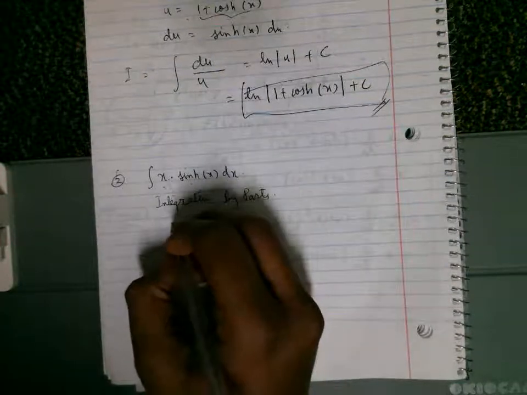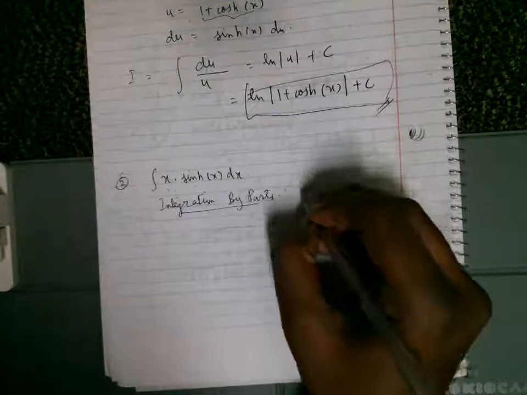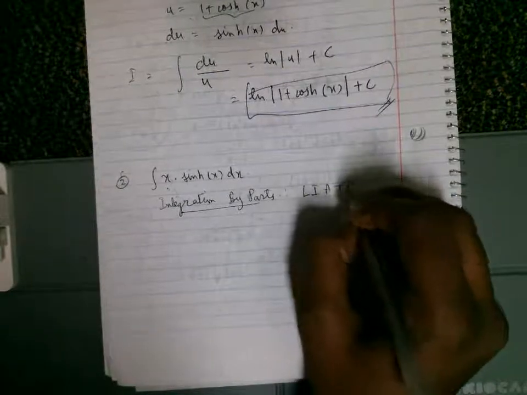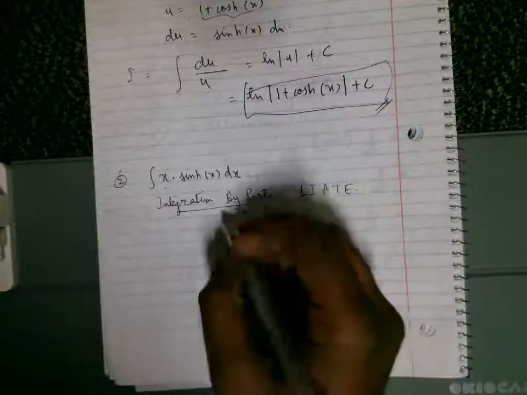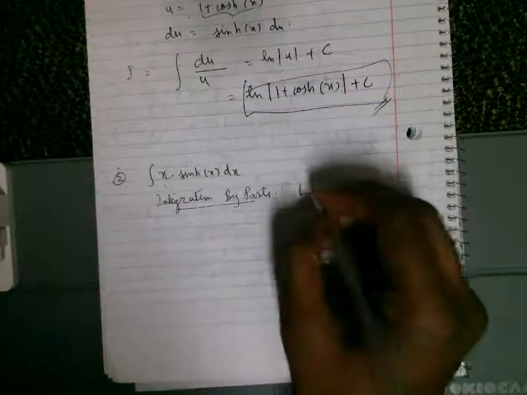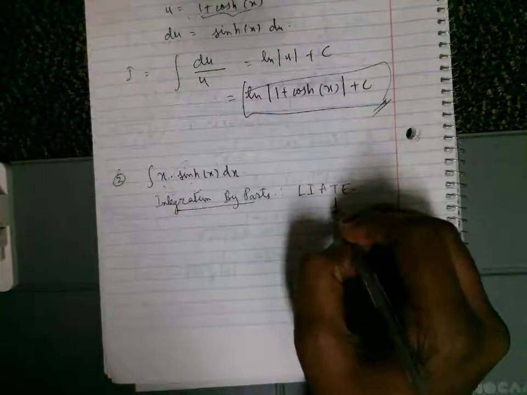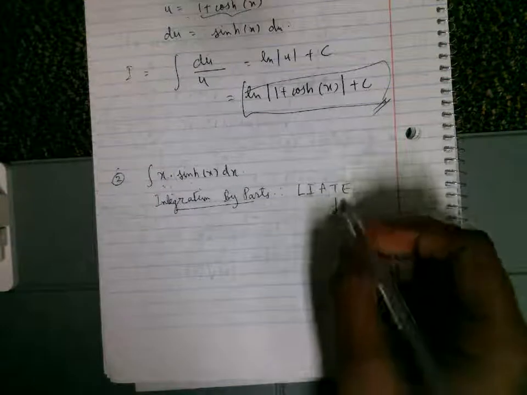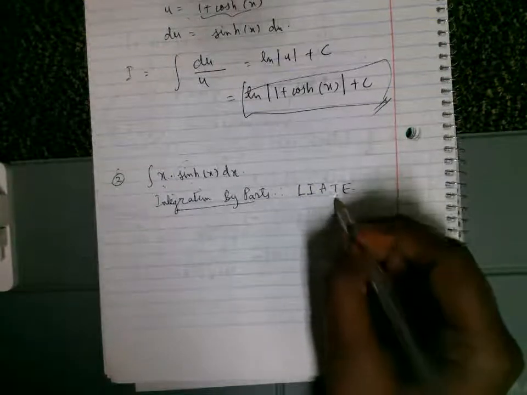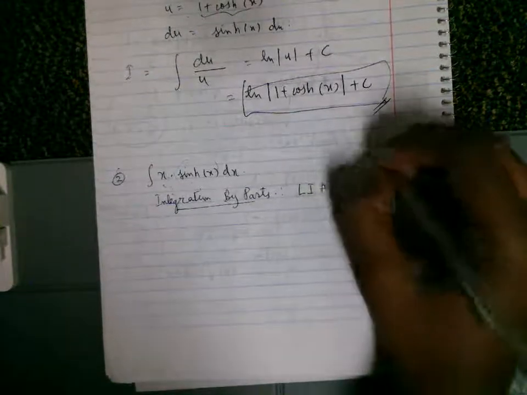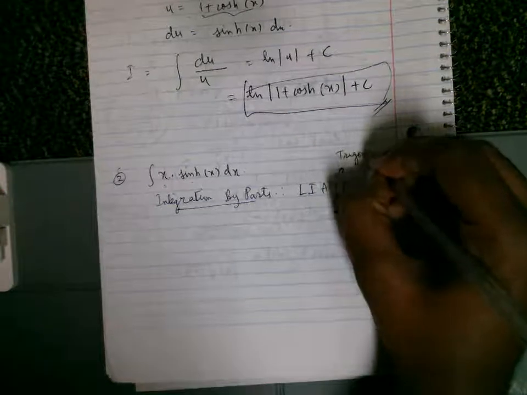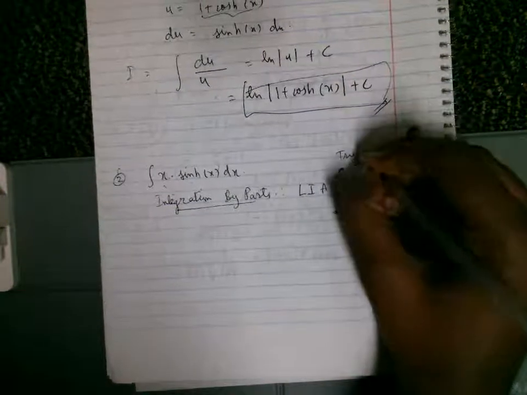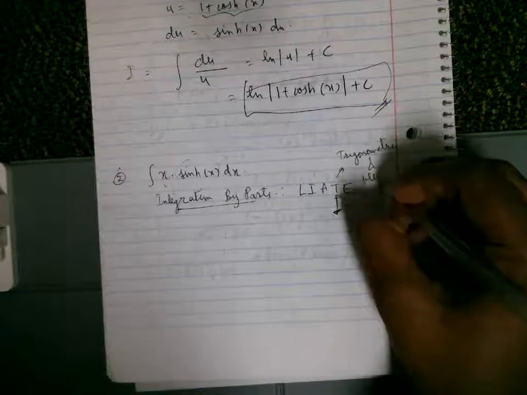Remember, for integration by parts, we had the LIATE rule. These hyperbolic functions are basically similar to trigonometric functions, so we include them in T. So T is, for now, both trigonometric and hyperbolic trigonometric.